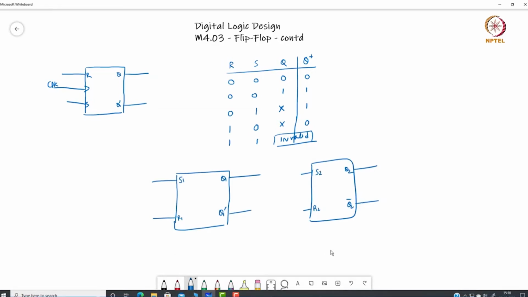Now let us see one implementation of the RS flip-flop. The RS flip-flop can be designed using a master-slave combination. This is called the master and this is called the slave. This is called master because my original inputs are connected to the master, and whatever is the output of the master is connected to the slave. Because it is edge triggered and we have a clock signal here, we give the inverted clock as an input to this.